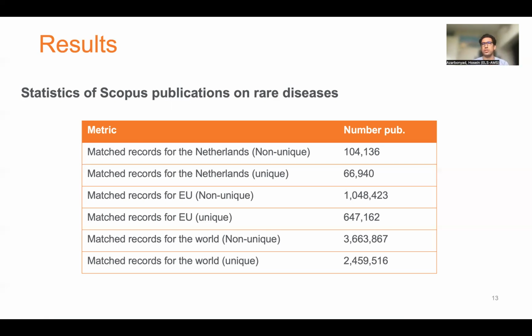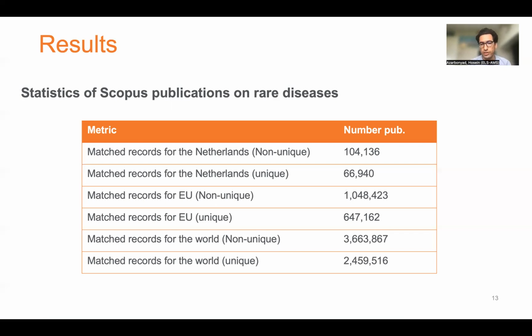We are in the process of building a dashboard and a standalone analytical tool on top of this data, so that researchers, patients, and scientists can track different kinds of publications on different rare diseases.